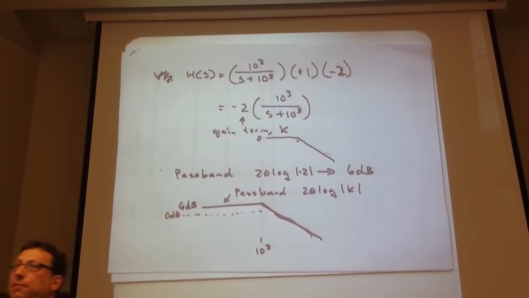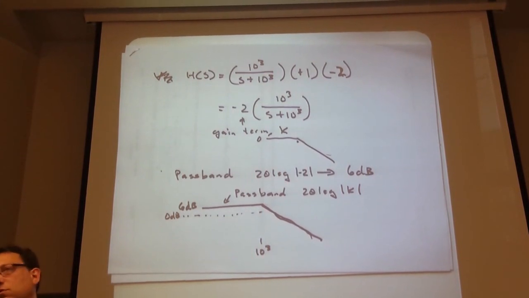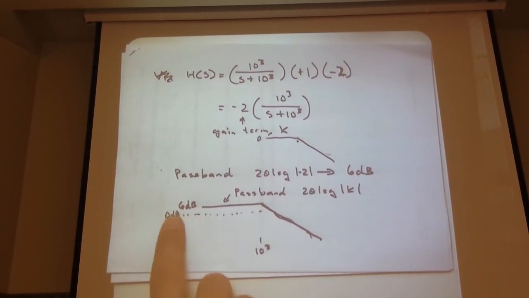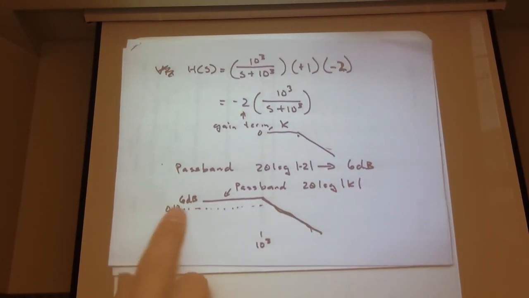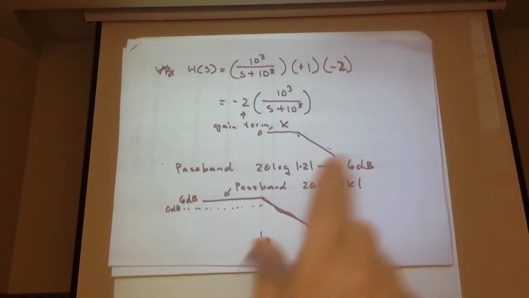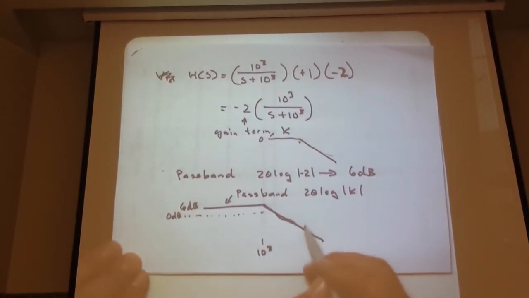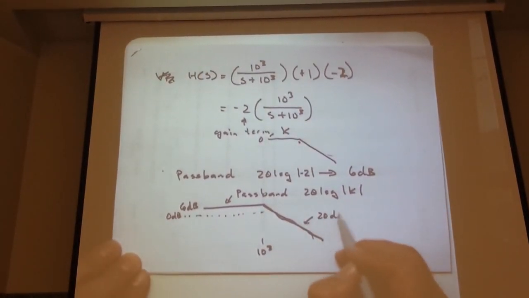But the passband level or position is 20 log of K. If we have no amplifier, then we're at 0 dB, like we saw a lot last week, we saw a bit today. If we have an amplifier, well, typically the gain's going to be more than 1, so we move everything up. This is still 20 dB per decade.